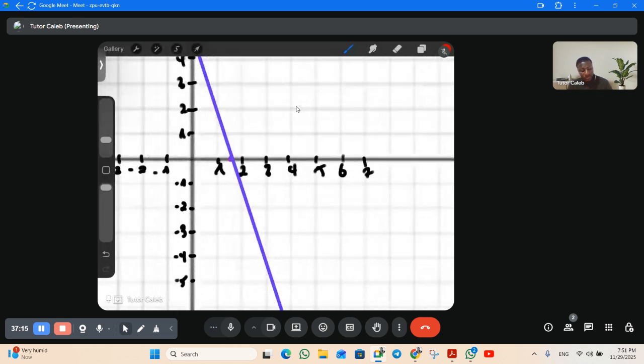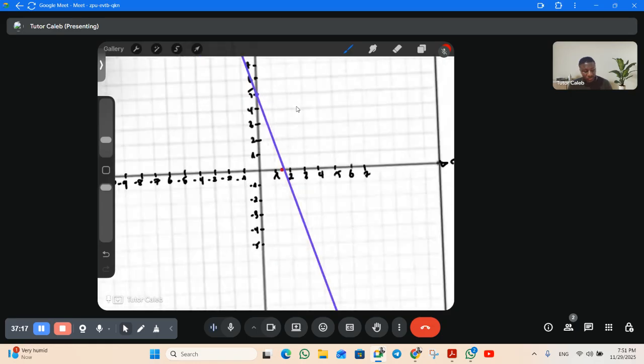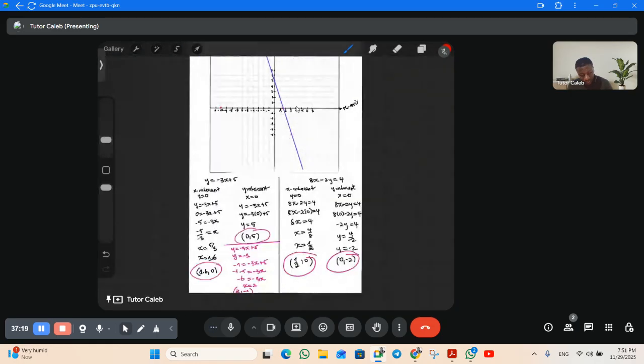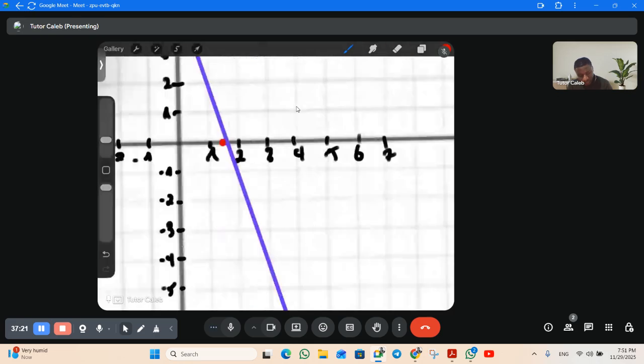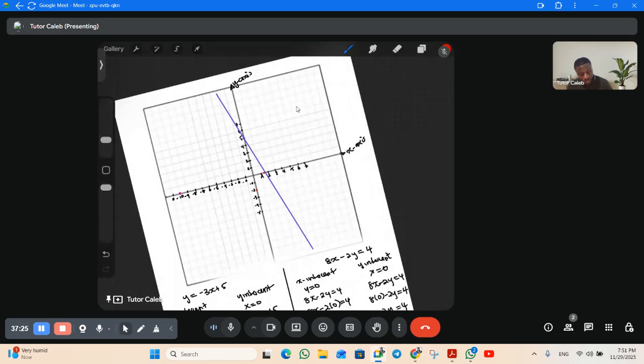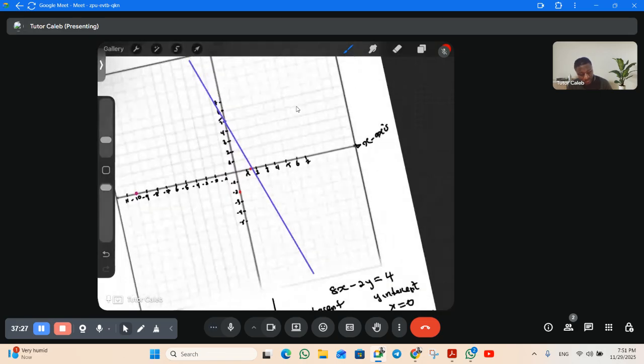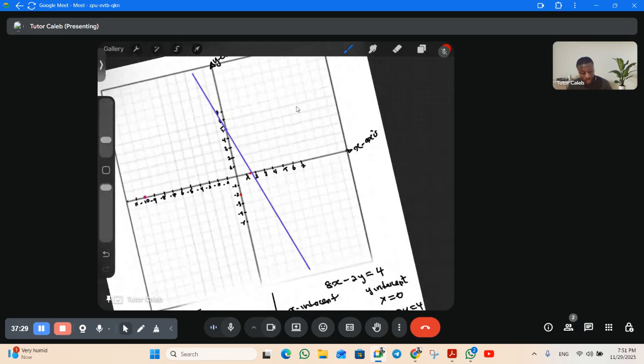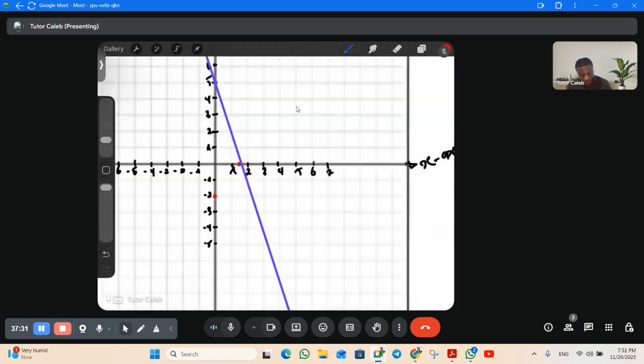And the second intercept is 0 and negative 2, which is somewhere here. So now I will draw a line to link the two points, no, sorry, I made a mistake. I have to go back.